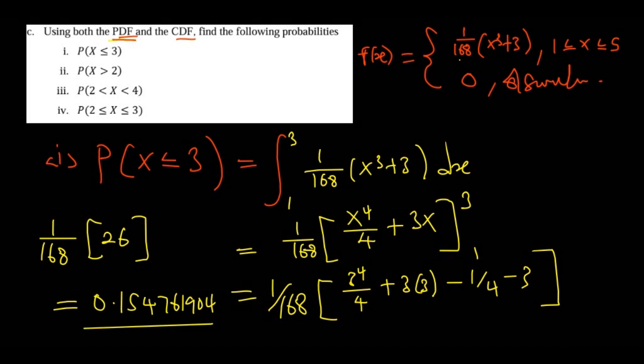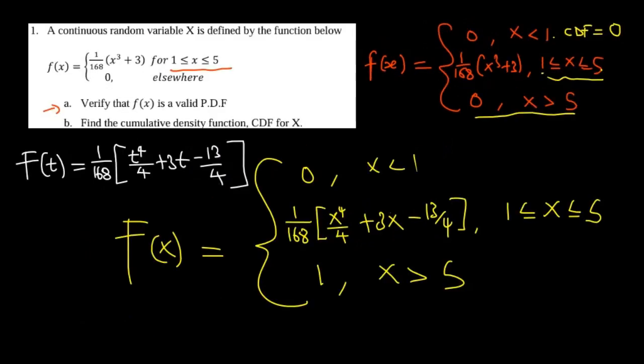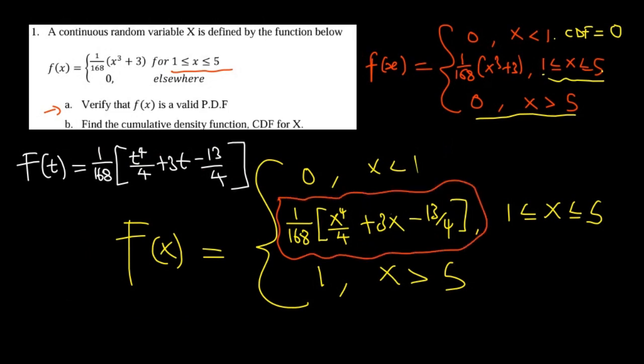But we can also find this same probability by using the CDF. So let's try to use the CDF to see if we're going to get the same answer. By the CDF, we know that this here is the same as F of 3. So in the function F, wherever there's x, we're going to replace it by 3. Our F of x is this guy here within this region of 1 to 5. So in here, I'm going to put 3 wherever I see x.